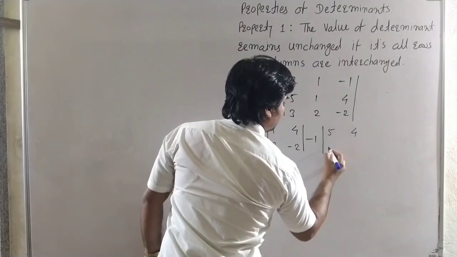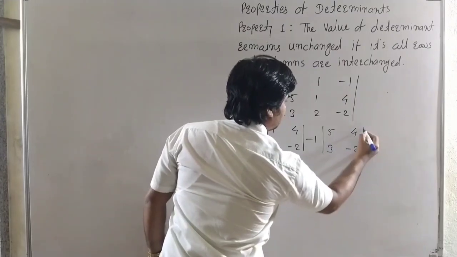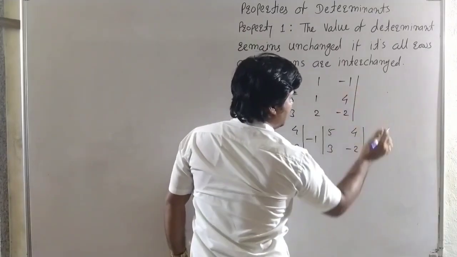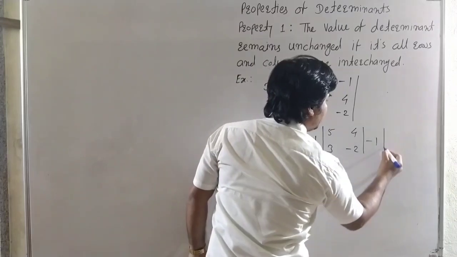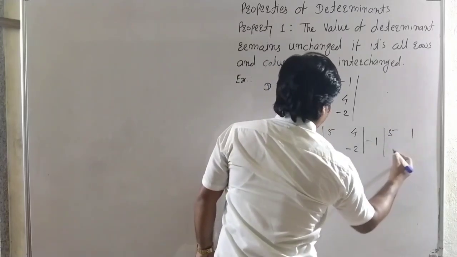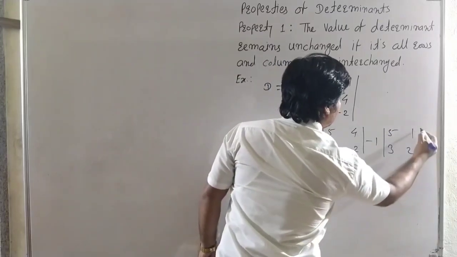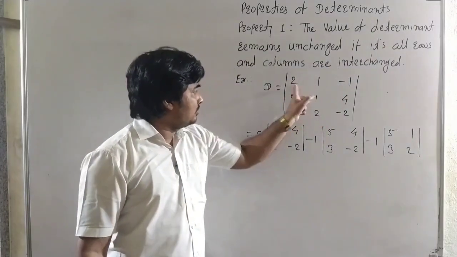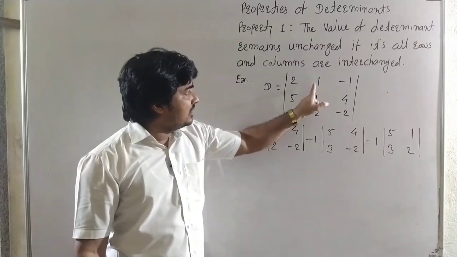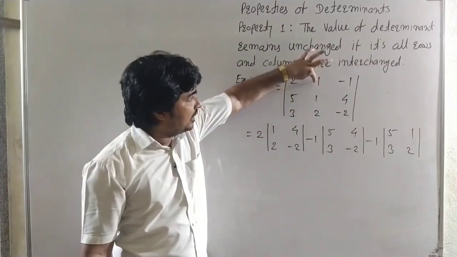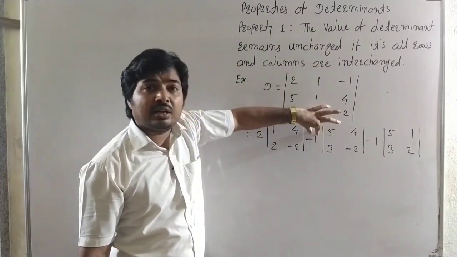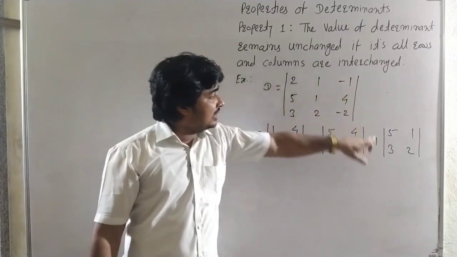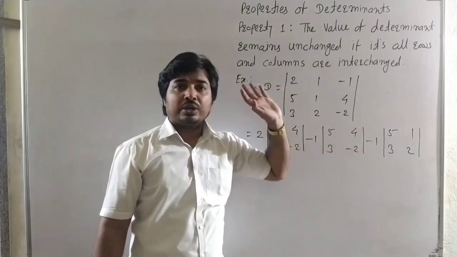And then the third number as it is, minus 1 into determinant of 5, 1, 3, 2. See carefully: first number plus 2 as it is. Change the sign of the middle term. Here it is 1, so we take minus 1. And the third term as it is, here it is minus 1, so we write minus 1.